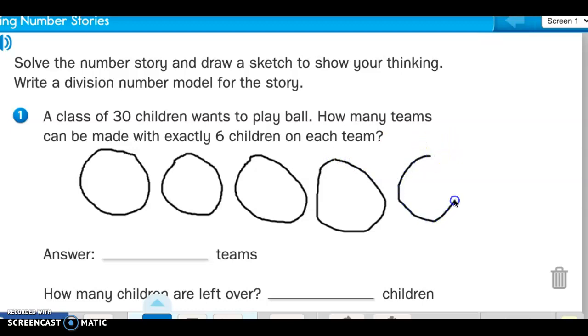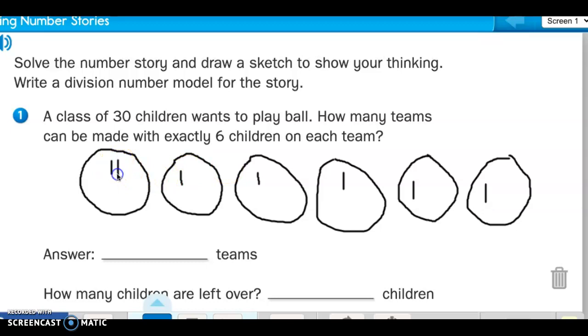So when I think of division, I think of sharing. So I've got 1, 2, 3, 4, 5, 6, and I'm going to share 30. So I'm going to go 1, 2, 3, 4, 5, 6, and I'm going to keep going till I get to 30.